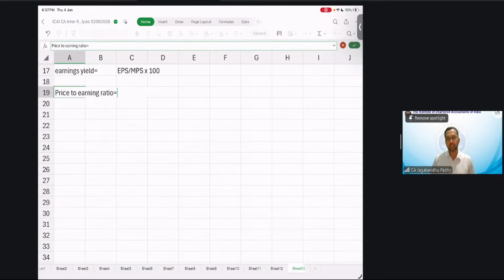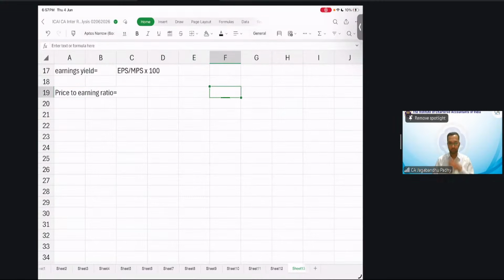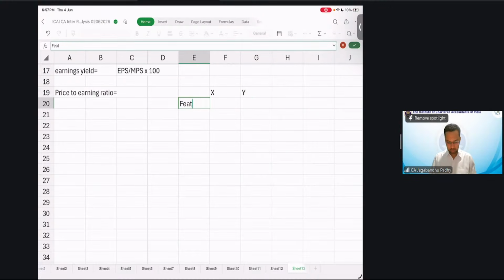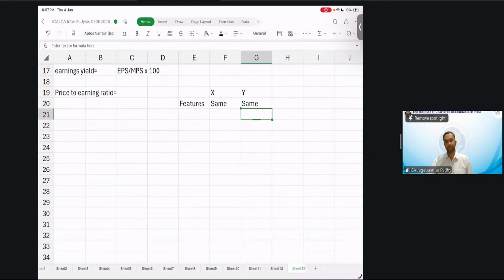Okay, before we understand this ratio, let me just take an example. Suppose you have two products X and Y, not company products. When it comes to features, you'll say both of them have the same features.